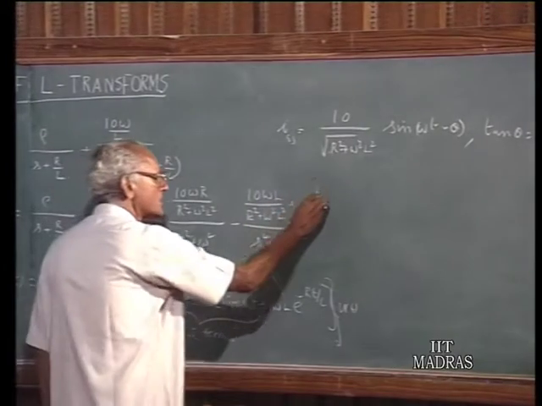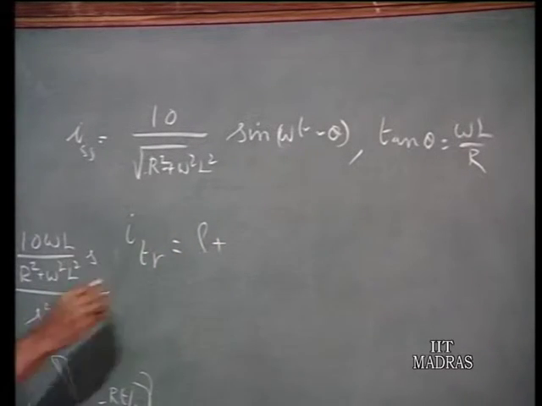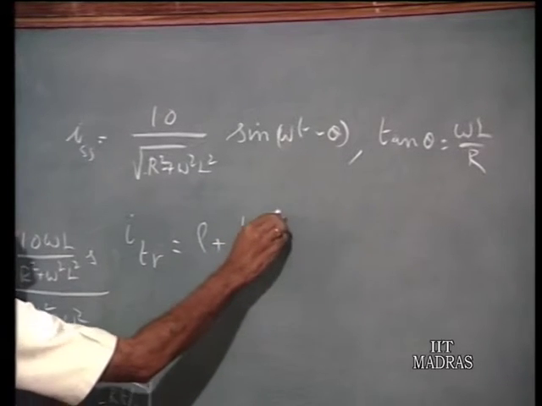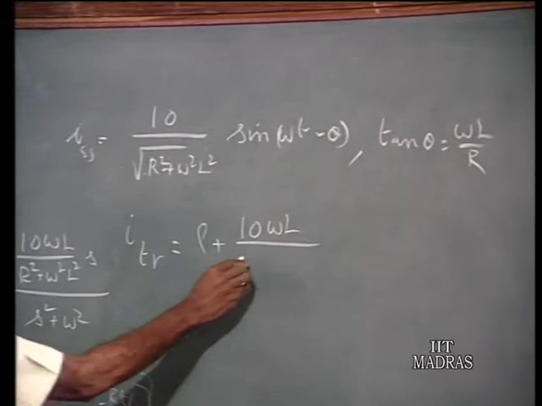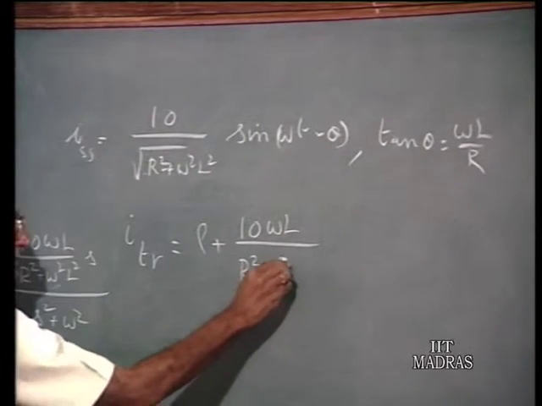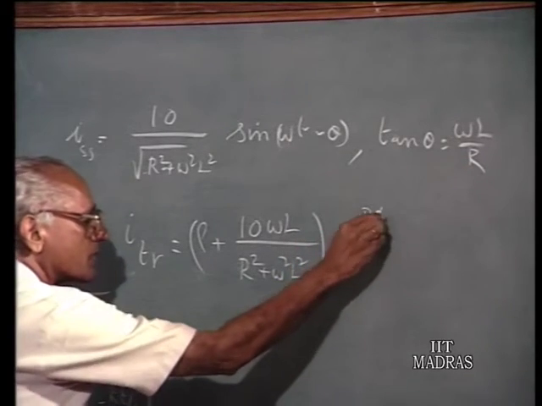The transient part of the solution equals rho plus 10 omega L over R squared plus omega squared L squared times e to the power of minus Rt over L.